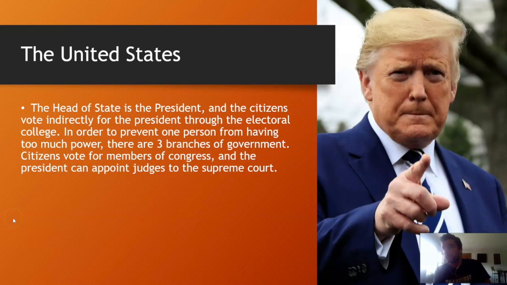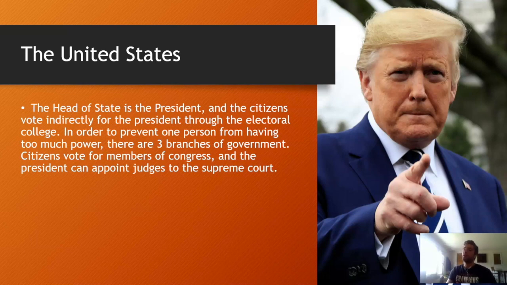And here's our own country, the United States. The head of state in the United States is the president, and the citizens vote indirectly. Remember, that means they vote for someone who represents them to vote for the president through the Electoral College, and we'll talk a little bit more about what the Electoral College is later.